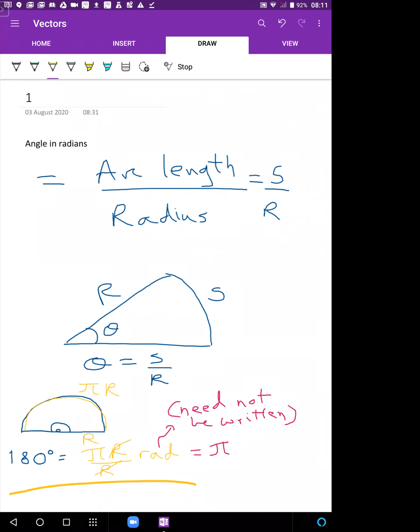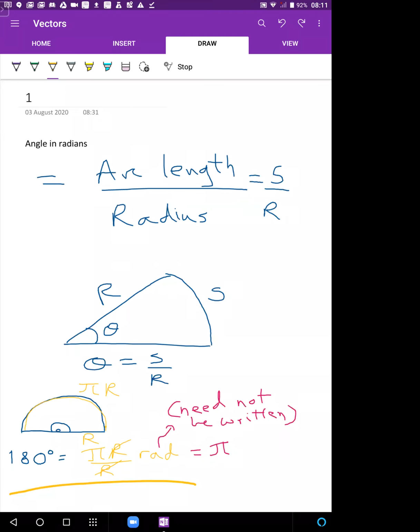Got it? And that is maybe the one thing which you can also remember. Of course, you have to remember this definition. You also have to, of course, associate 180 degrees with pi. And if you associate 180 degrees with pi radians, you can use that by your unitary method to convert any angle in degrees to the corresponding angle in radians and vice versa.